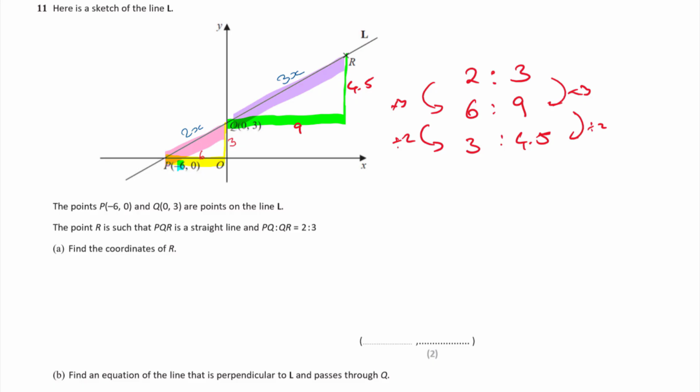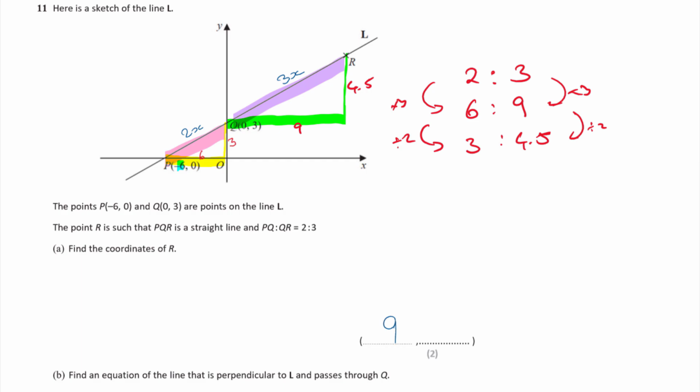So how does that help us? Can we use that to find the coordinates? I want to find the coordinates of R. If I'm at Q at the coordinates 0, 3 and I go 9 units to the right, then my R x-coordinate is going to be 0 plus 9, so 9.